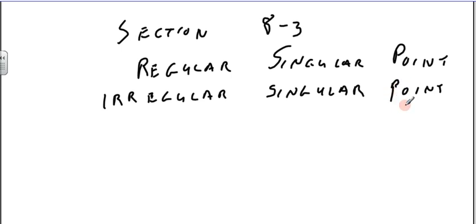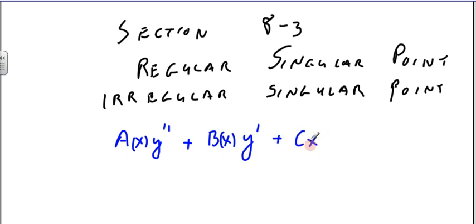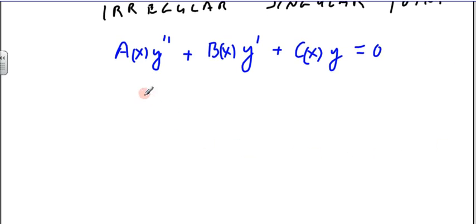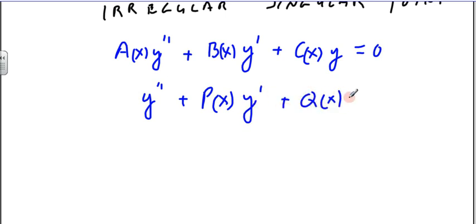Okay, so if we have an equation in the form a(x) y double prime plus b(x) y prime plus c(x) y is equal to 0, where a(x), b(x), and c(x) are functions of x only, then we can change that equation to be in the form y double prime plus p(x) y prime plus q(x) y is equal to 0, where p(x) is just b(x) divided by a(x), and q(x) is c(x) divided by a(x).